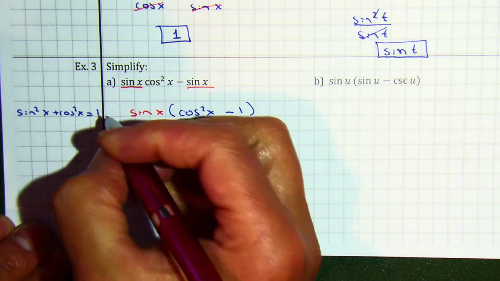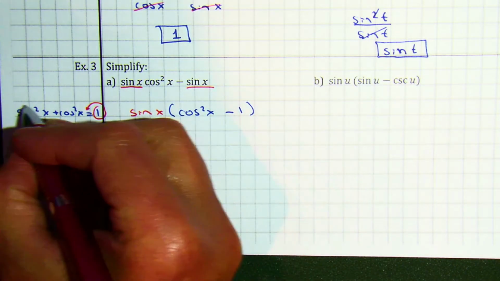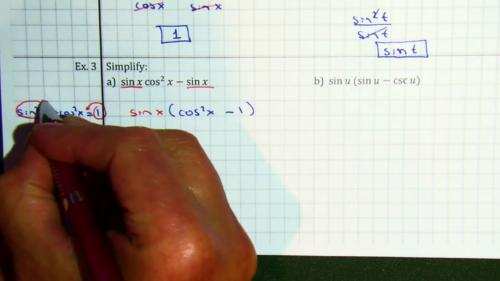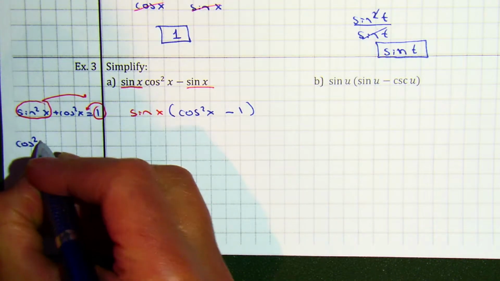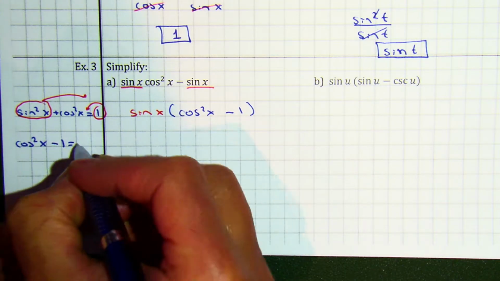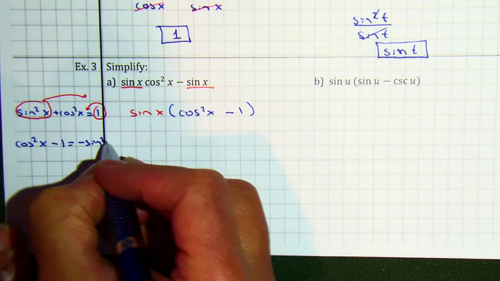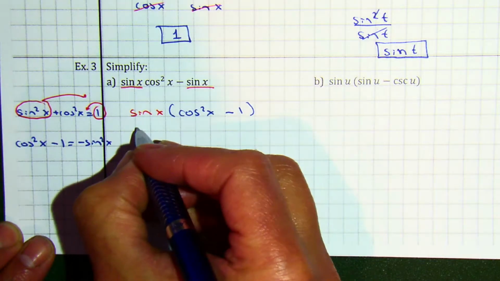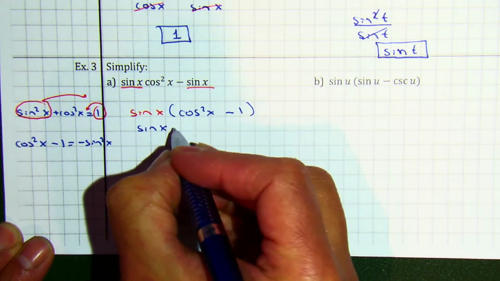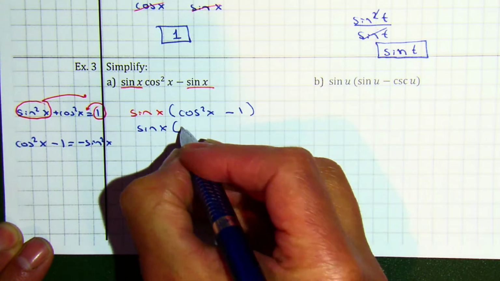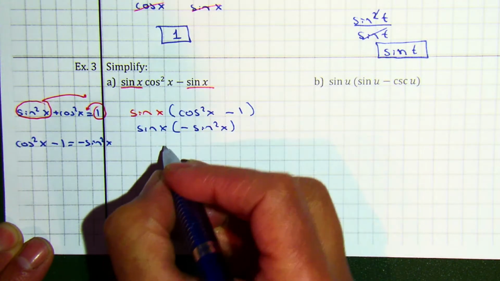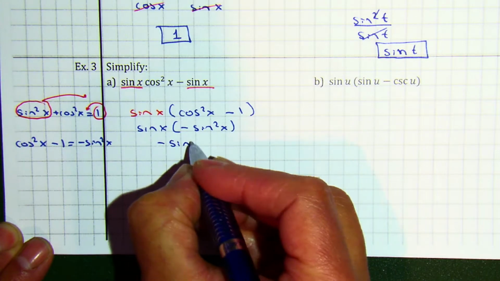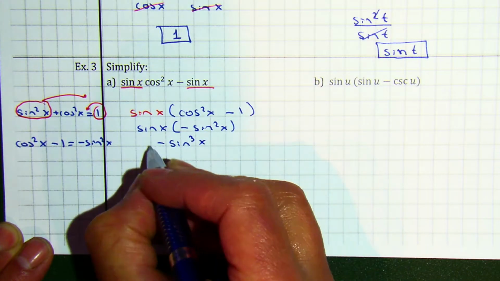So therefore, I'll move my 1 to the left, and therefore I must move my sine to the right. So I have cosine squared of x minus 1 equal to negative sine squared of x. So therefore, this sine of x, and this becomes negative sine squared of x. Sine times sine gives me negative sine to the third power of x.